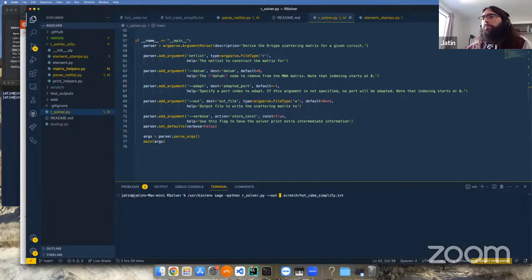We want to output to scratch, and we'll call this hotcake uscat.txt, since I usually use uscat to specify that it's an unadapted scattering matrix. And we'll do verbose. Let's give that a try.